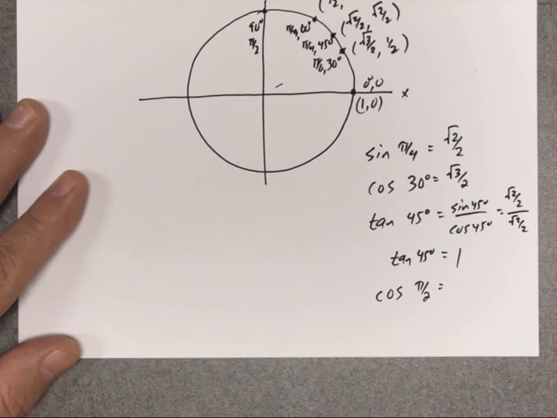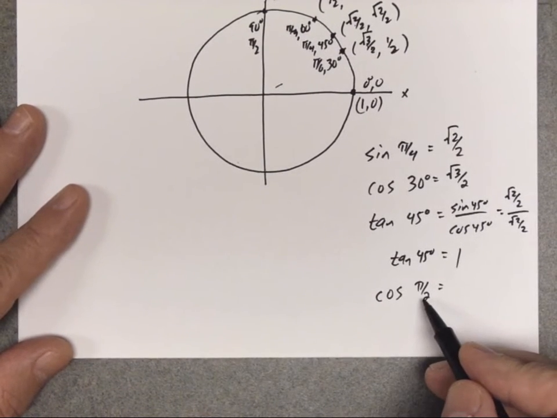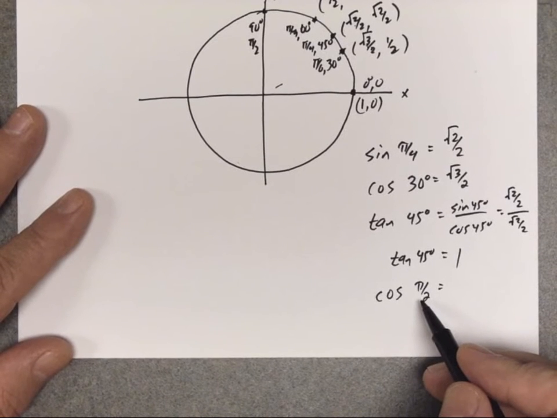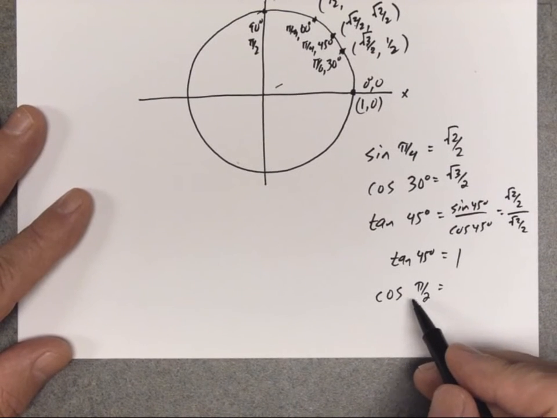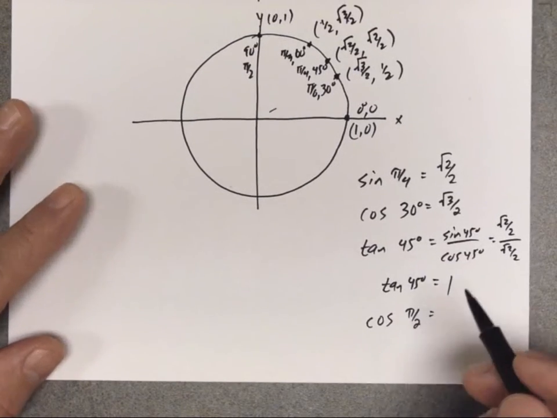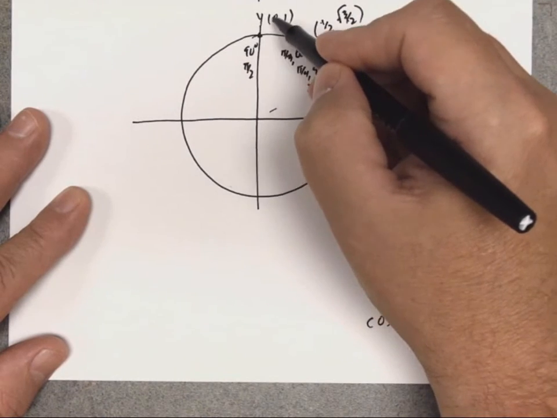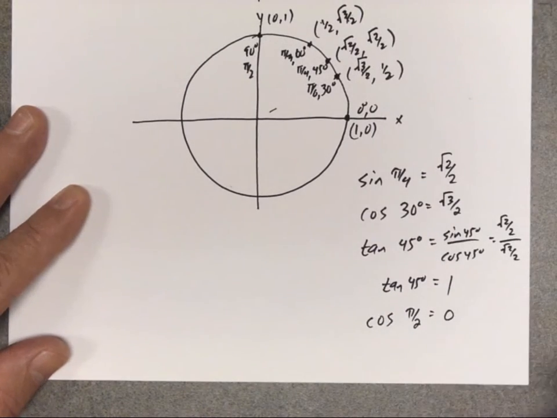How about cosine of pi over 2? Well, I go find the point that gives me a pi over 2 angle, and since I want the cosine, I go look for the x value. So, pi over 2 is right here. The x value is 0.